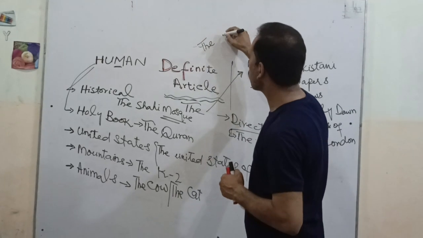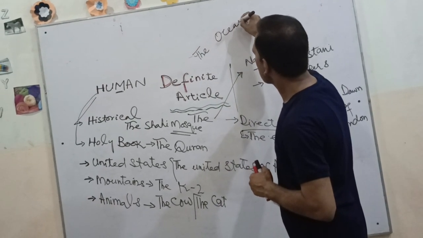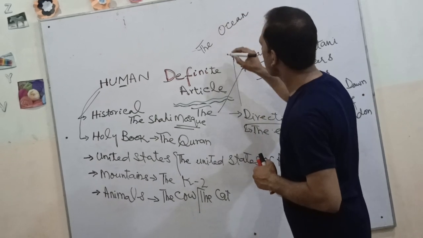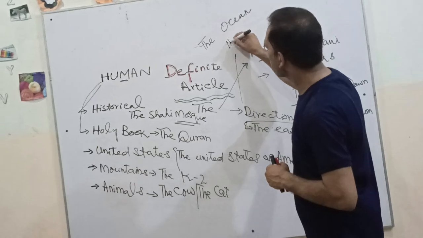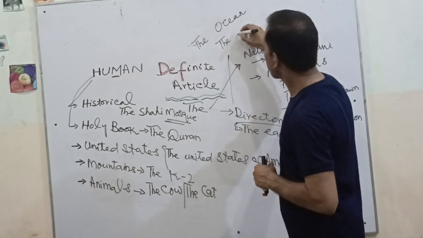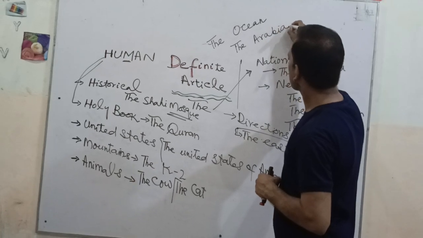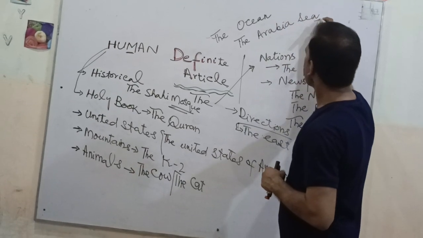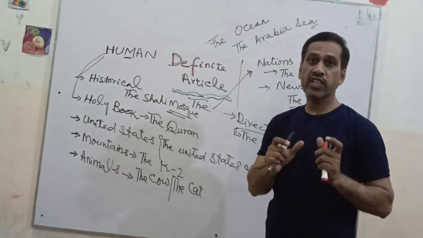The other example of "the" as a definite article is that "the" is always used with oceans. For example, the Arabian Sea. "The" is always used with all the rivers.